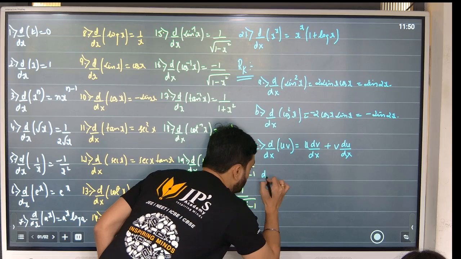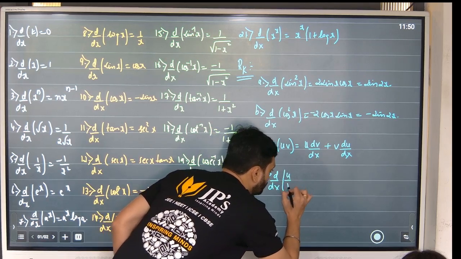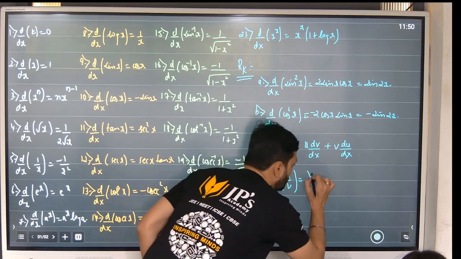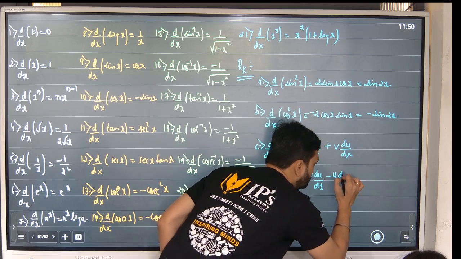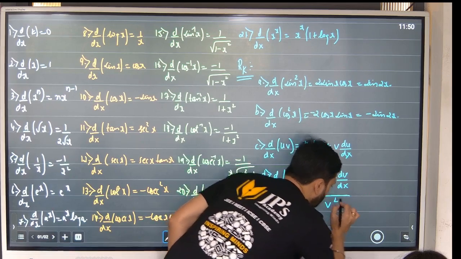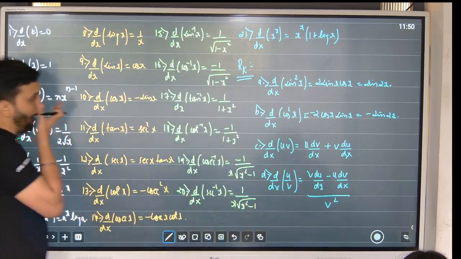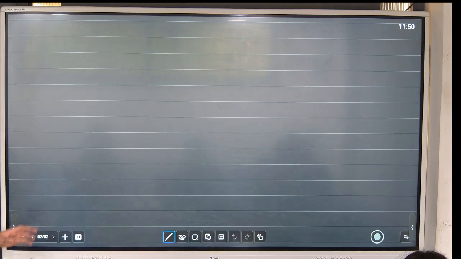And the next formula is d by dx of u by v is equal to v into derivative of u minus u into derivative of v, the whole upon v square. So these are a set of formulae along with u, v and u into v.